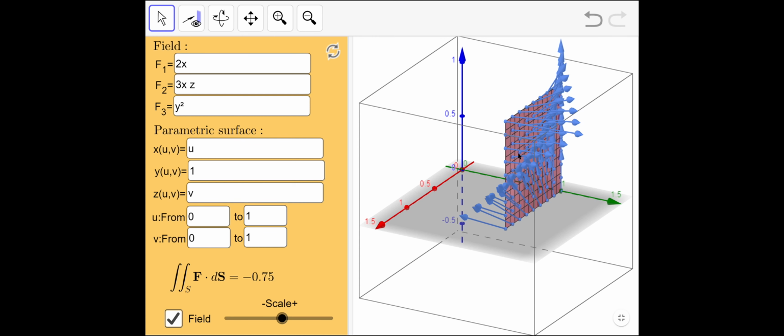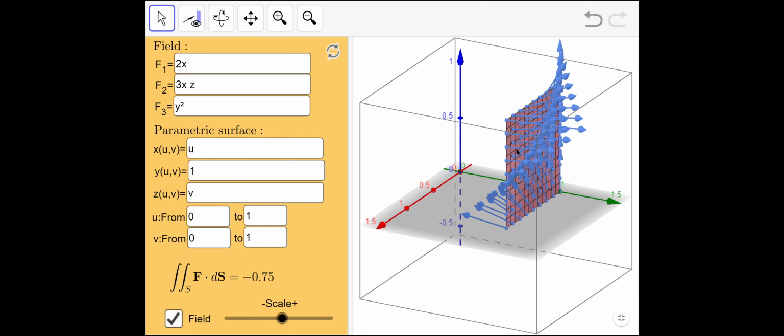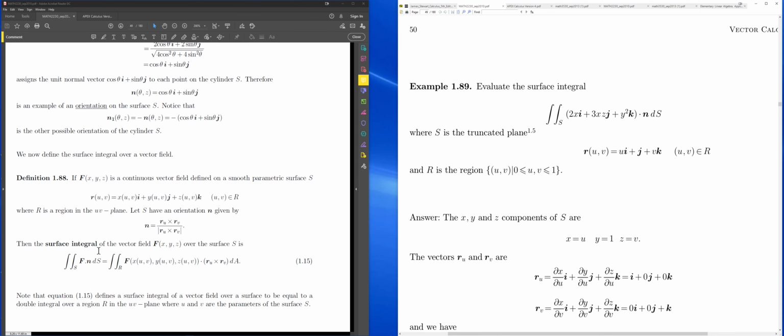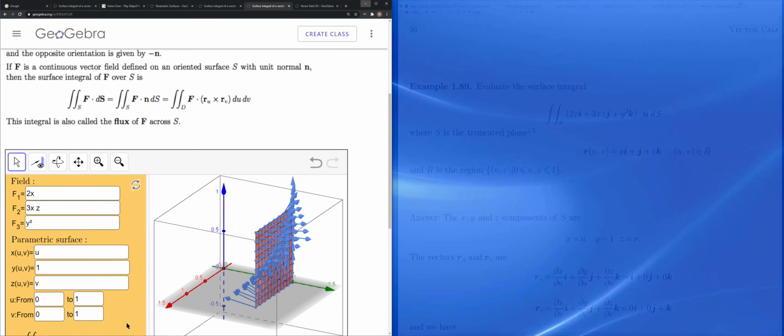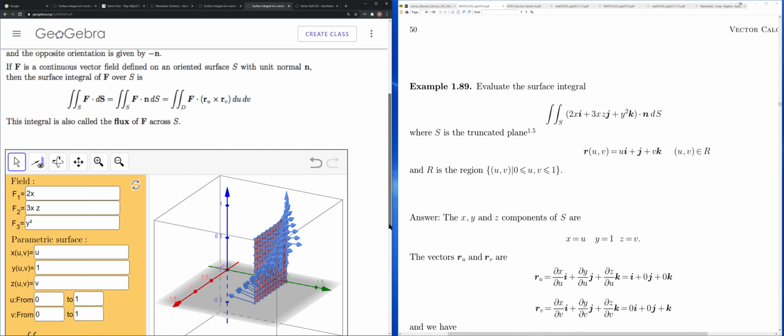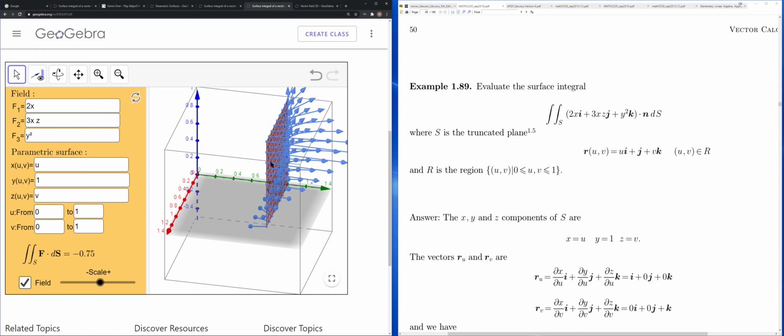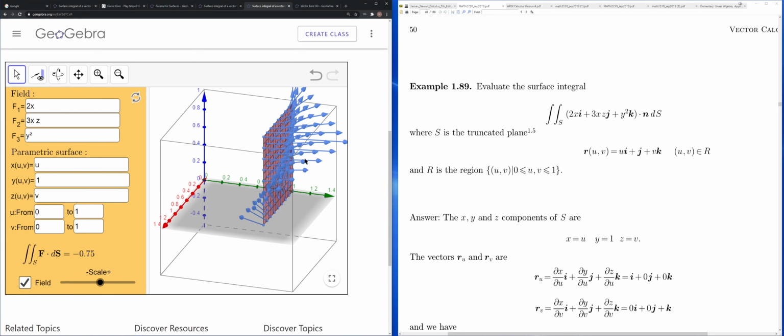If you're just thinking of it as fluid flow, then what we're trying to calculate by this surface integral is the flow through your surface S in unit time, when you're regarding your vector field as the velocity of fluid flow.